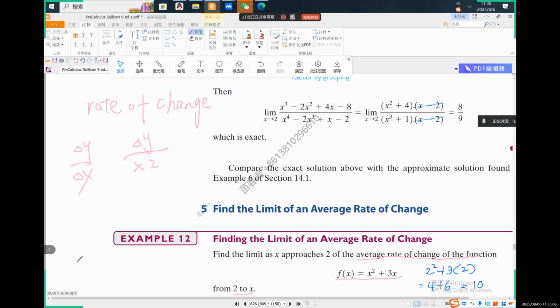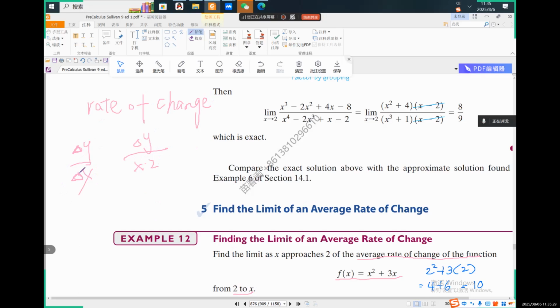This is the definition of slope. You pronounce it delta.